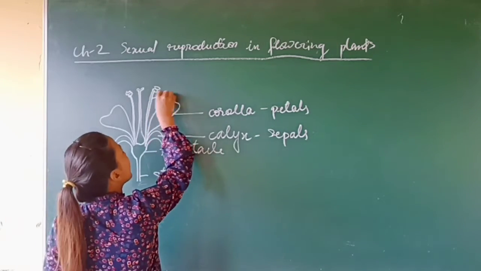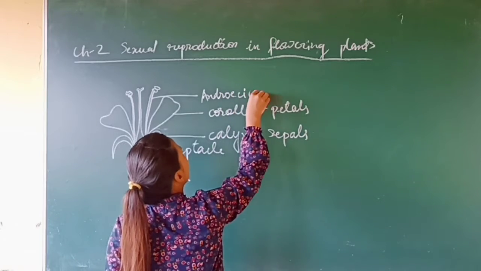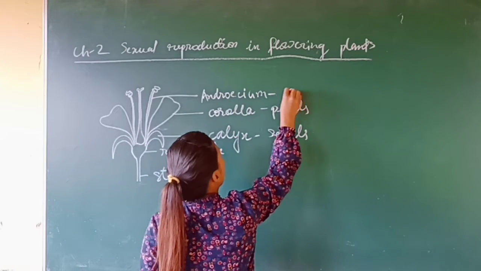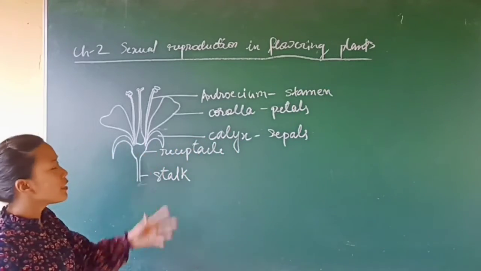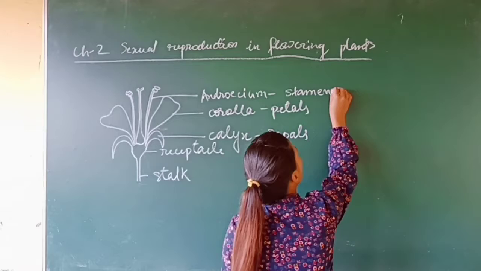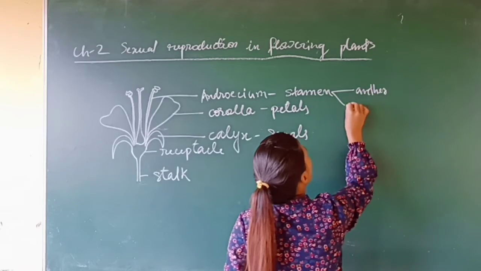And this is the androecium. Androecium is a collection of stamens. This stamen consists of 2 parts, that is anther and filament.